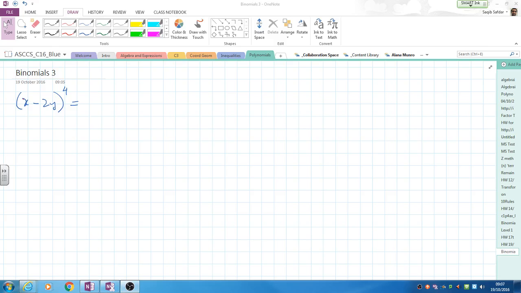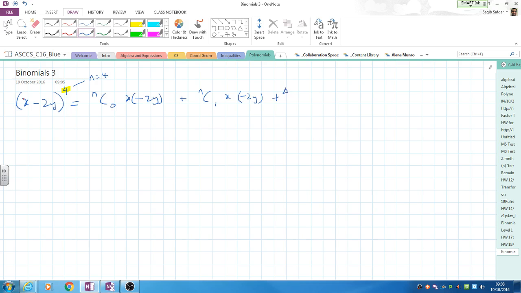So we know already from the binomial expansion that if we were to expand this out, this part here, n equals 4, and so we can write out the expansion using nC0 (x minus 2y) plus nC1 (x minus 2y). I'm going to put the powers in a second.